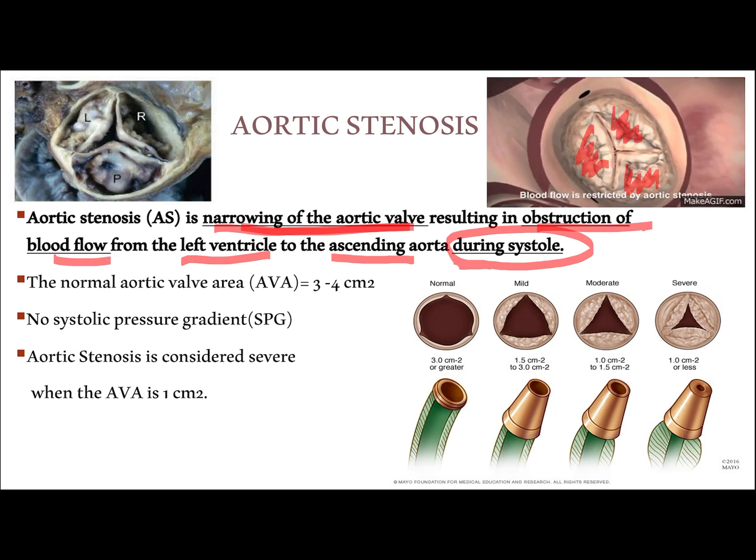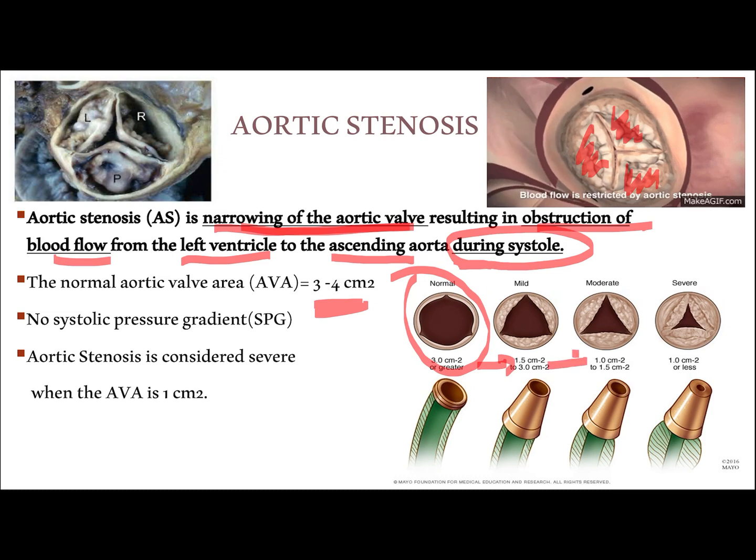The normal aortic valve area is 3 to 4 square centimeters. You can see this is a normal surface area of the valve, and as the stenosis progresses, the surface area decreases. When there is significant stenosis, the surface area is less than 1 square centimeter, which means severe stenosis.